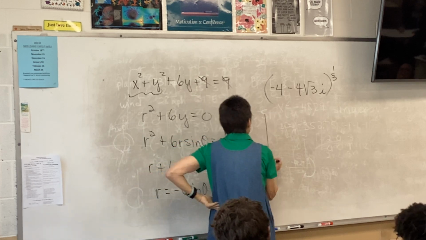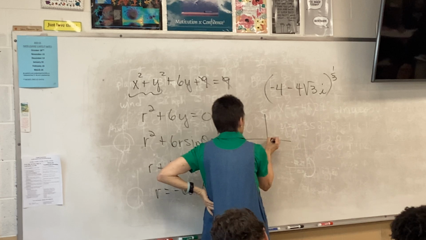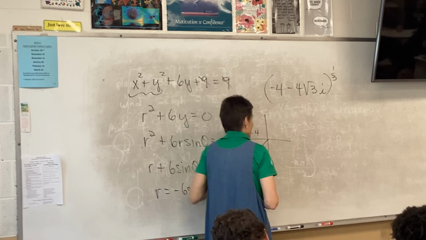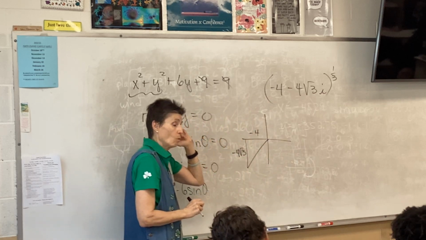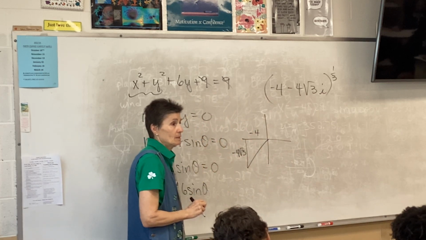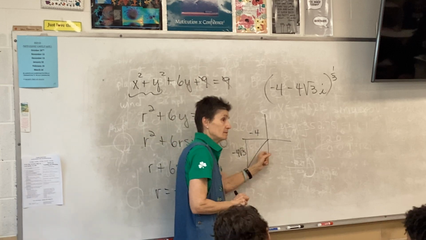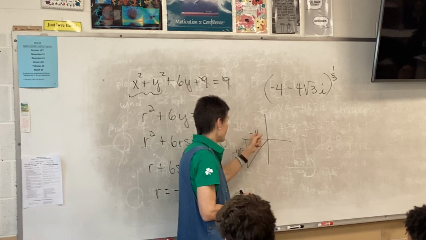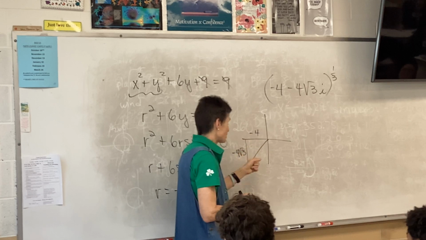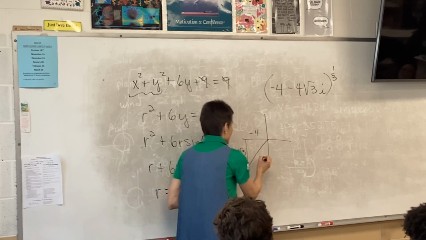So the number I've been given is -4 root 3, and I need the polar form of that number. So what do I need? R, which is going to be that squared plus that squared, square rooted. That's a special triangle, so it's gonna be 8.